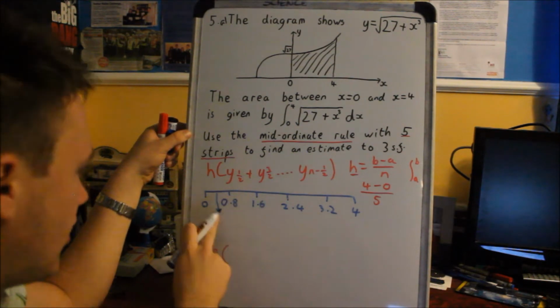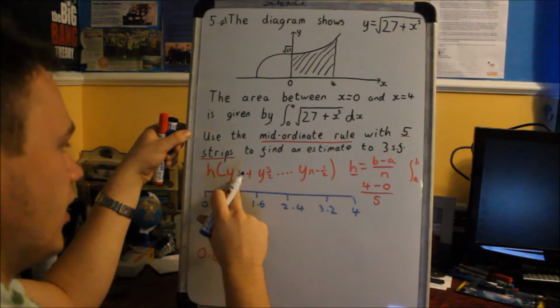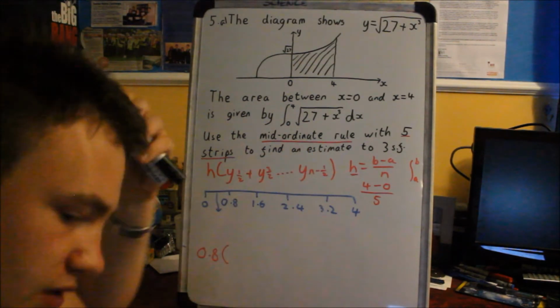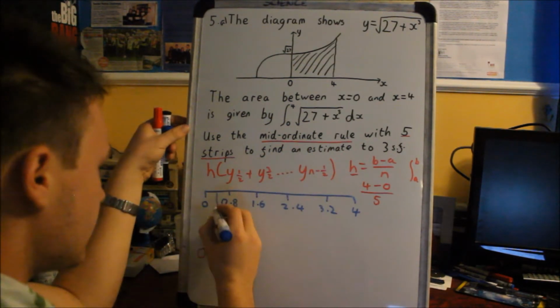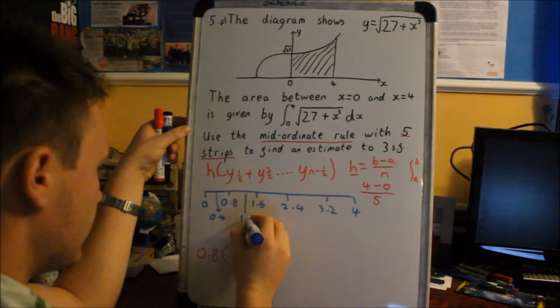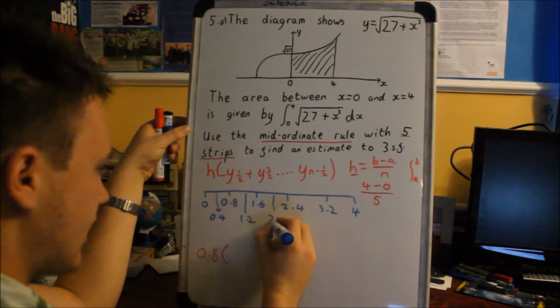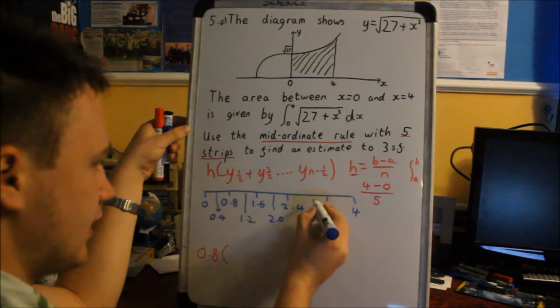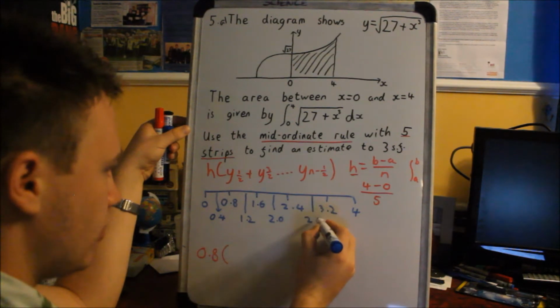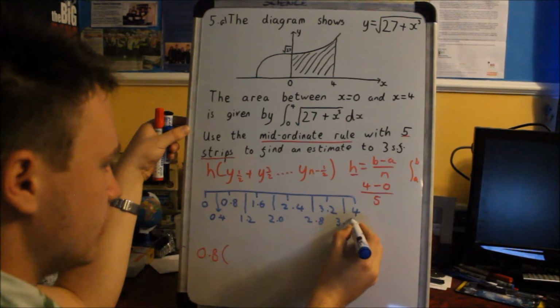That will give us x half, x 3 over 2, which in turn will give us y half, y 3 over 2. So essentially here is 0.4, here is 1.2, the middle points of all of these points. Here is exactly 2, so 2.0, here is 2.8, and here is 3.6.